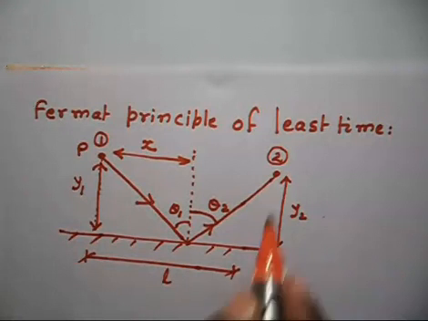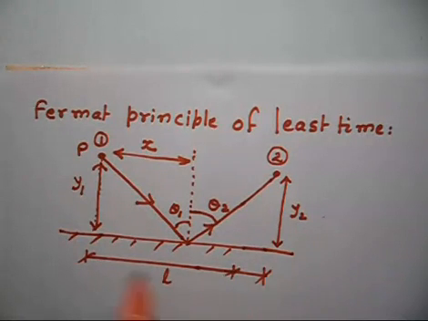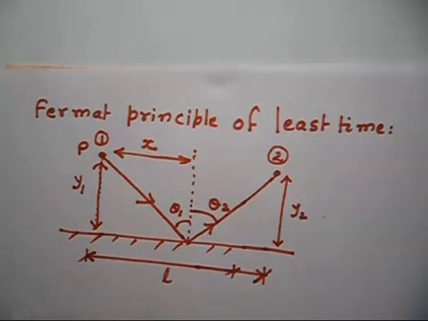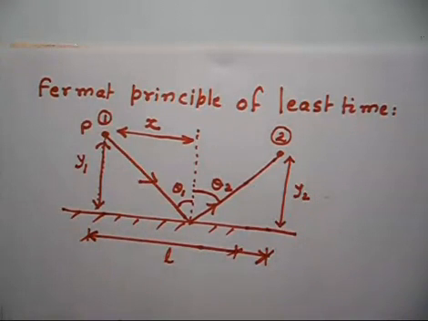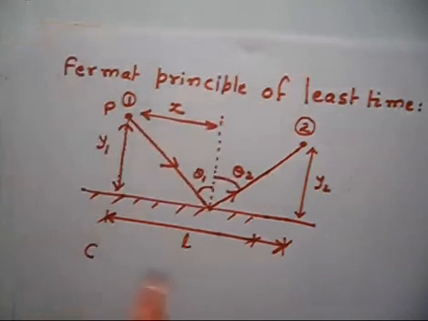Now the total distance is L. So this distance from here to here is L. Now this point is called point 2. The question says a light ray is traveling with speed c, so c is the speed of light.